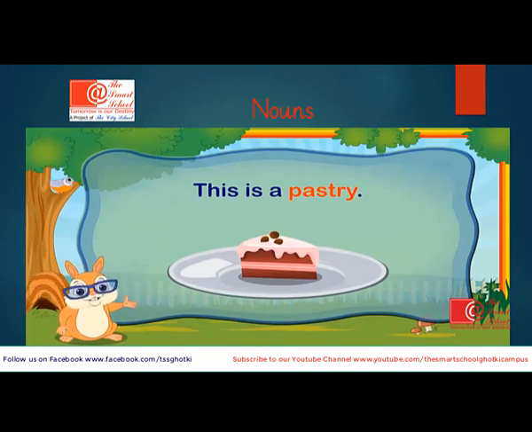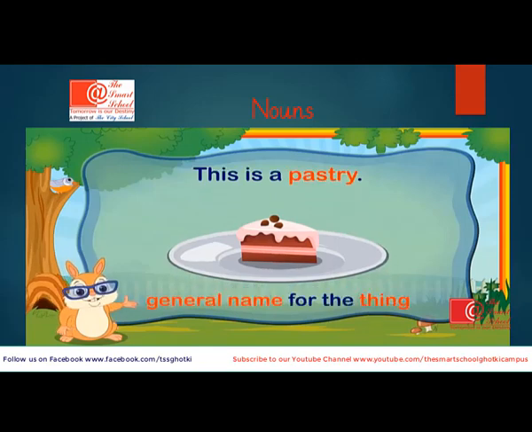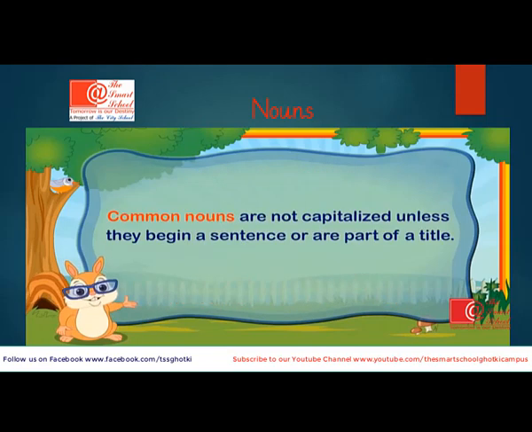In this sentence, we are talking about a pastry. Pastry is a general name for the thing. Common nouns are not capitalized unless they begin a sentence or are part of a title.